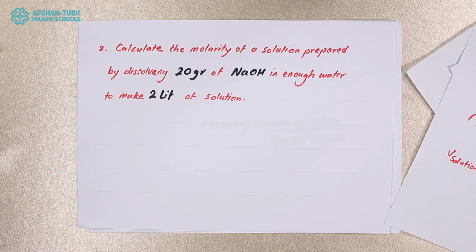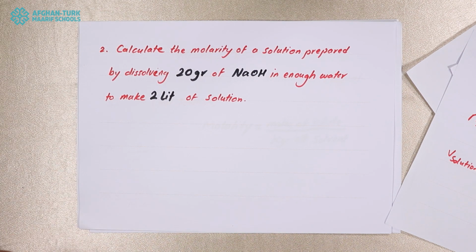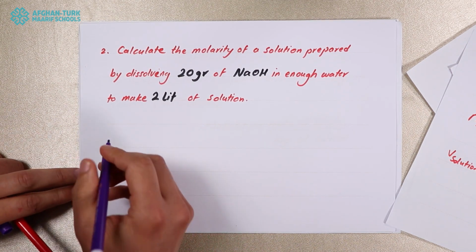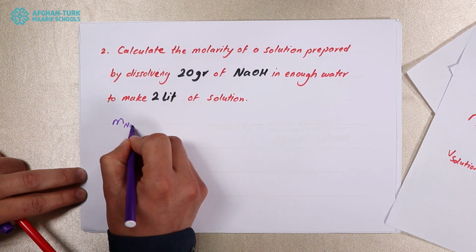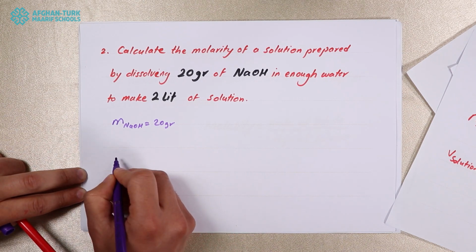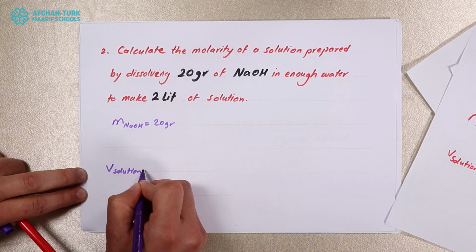Next question: calculate the molarity of a solution prepared by dissolving 20 grams of sodium hydroxide in enough water to make 2 liters of solution. Let's categorize our data. We have mass of sodium hydroxide equal to 20 grams and volume of solution equal to 2 liters.